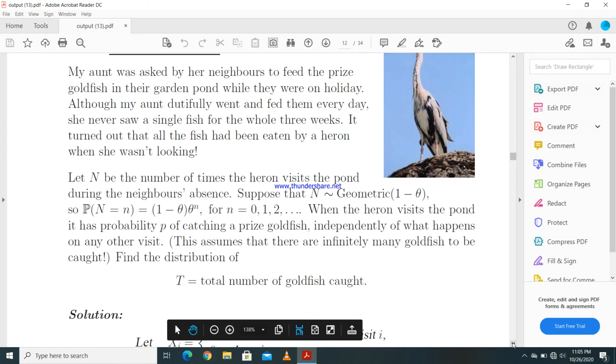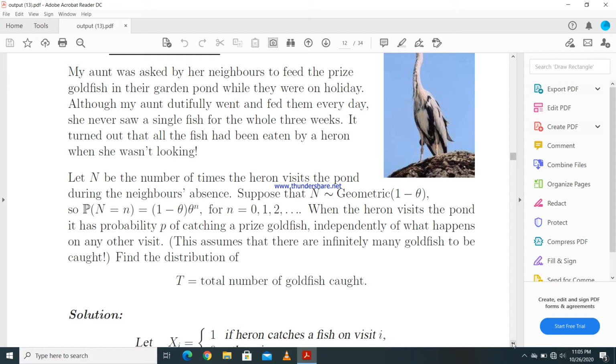So if this heron is coming today to catch a fish, no matter whether the heron was able to catch a fish or not, the second day is independent of what has happened today, right? So because of that, today sometimes the heron will be able to catch a fish or not.